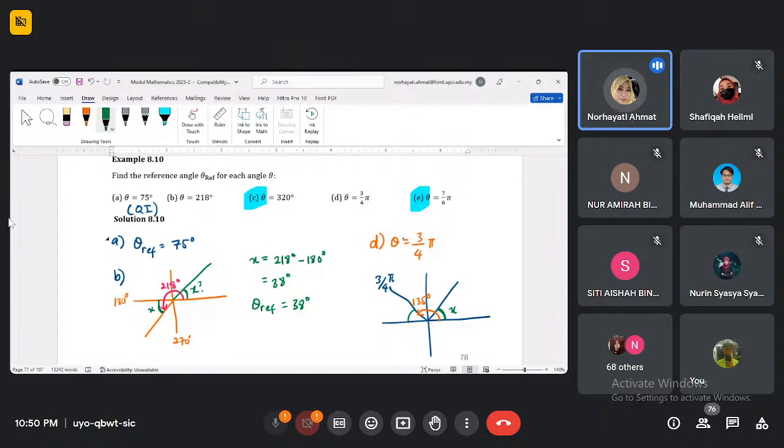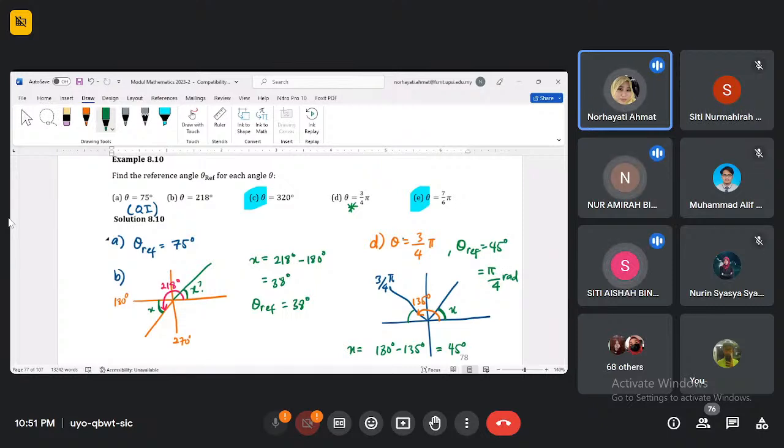X is equal to 180 degree minus 135 degree. So you get 45 degree. So 45 degree is the reference angle of this theta. Okay, boleh? Ataupun sama dengan pi over 4. Alright, boleh kelas?